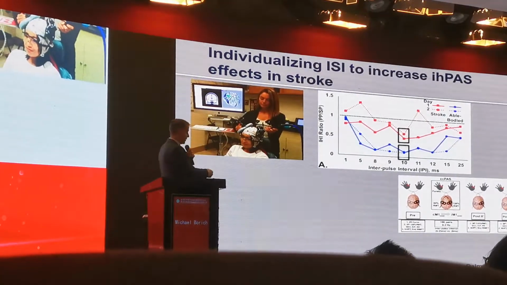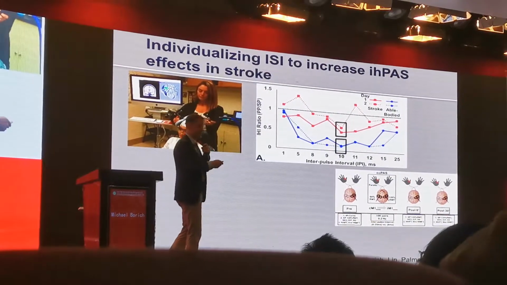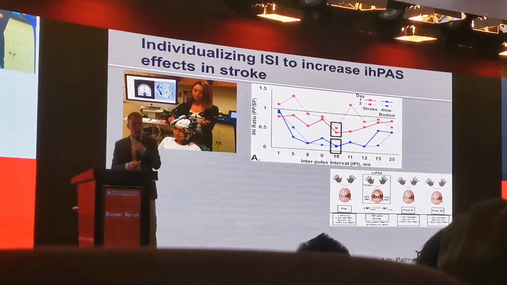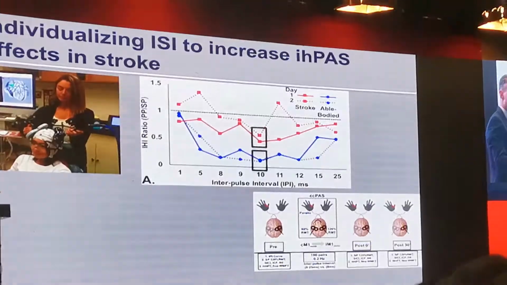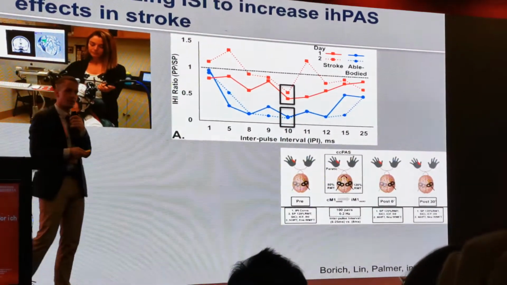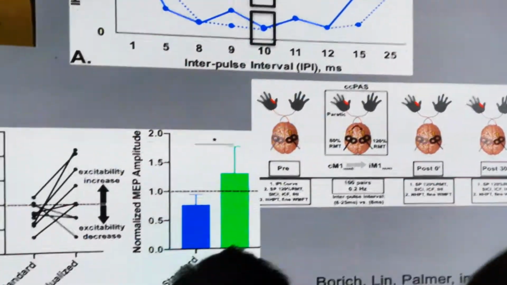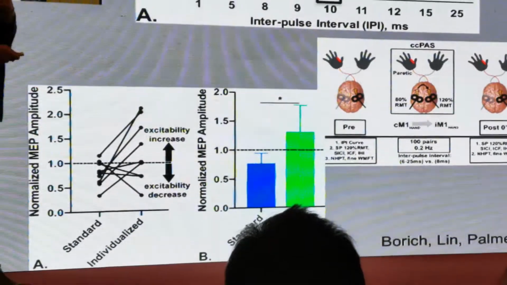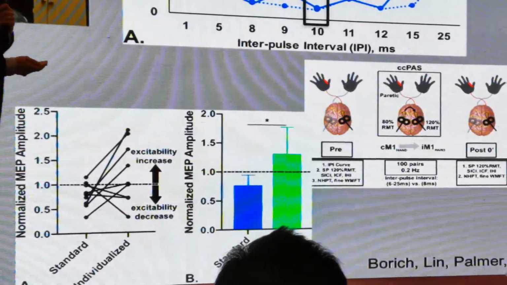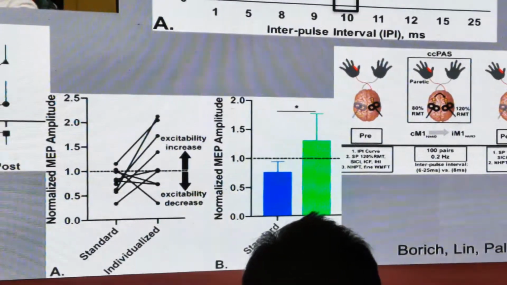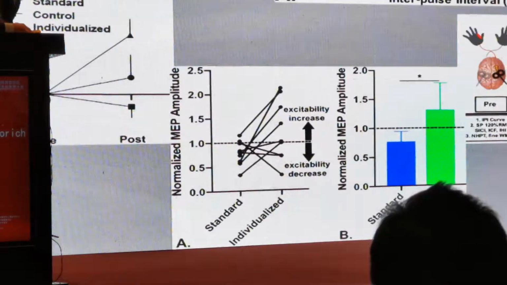And so again, the same paradigm, we do this, and this was just one session, 100 pairs of stimuli delivered at the individualized interpulse interval, or at a standard 8 millisecond interval. So we wanted to see, is there a superior effect of the neuromodulation if we individualize based on neurobiology? And it turns out we do see that. We see that there is an elevated level of ipsilesional excitability if we individualize versus not. And excitingly, we actually see an increase in the effect on behavior if we individualize.